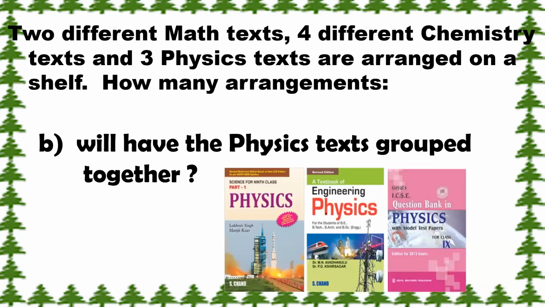Next. Paano kapag 2 different math texts, 4 different chemistry texts and 3 physics pa rin, pero the physics texts are grouped together. Magkakasama sila. The group together sila, will count them as 1.